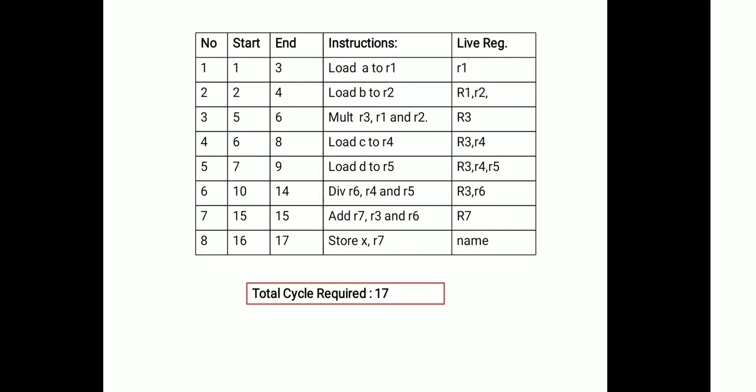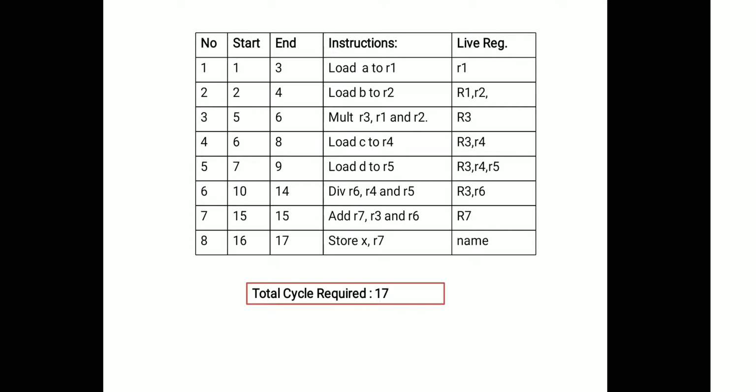While converting three address code into machine code, the compiler assumes that it has any number of registers, because when data is present in a register, the operation is much faster.